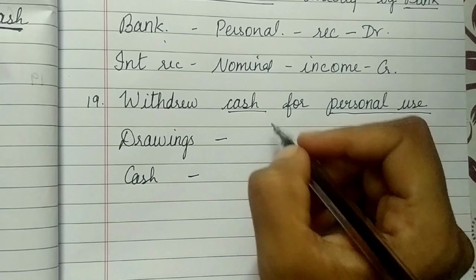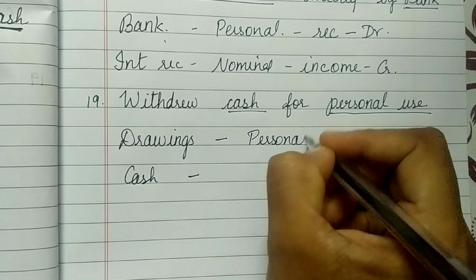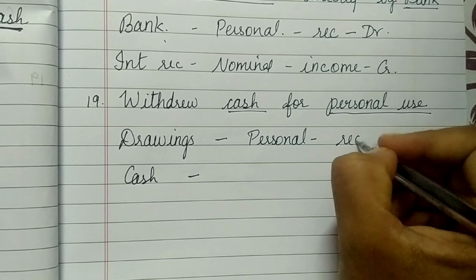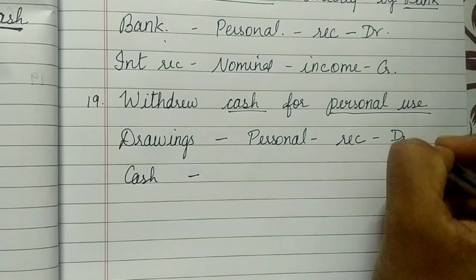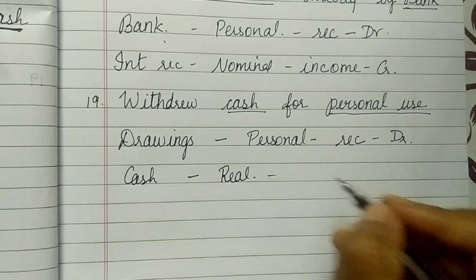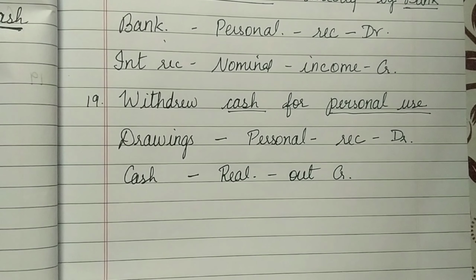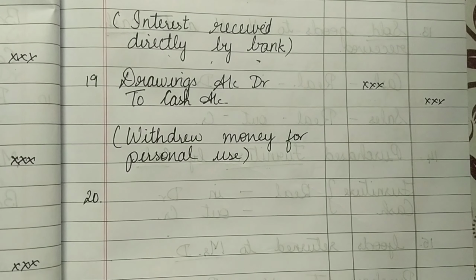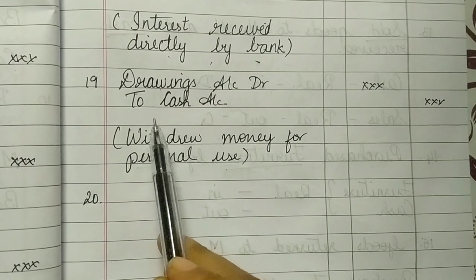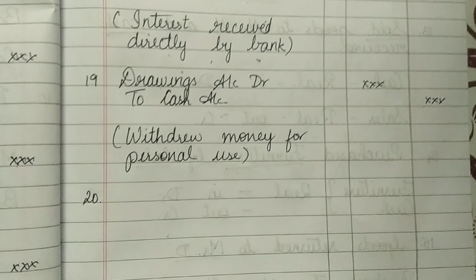Drawings refers to a personal account and the proprietor is receiving the money. Therefore, debit the receiver. Cash account refers to a real account and the money is going out of the business. Therefore, credit. So, drawings is debit, cash is credit. The journal entry is drawings account debtor to cash account, with the amount and the narration.